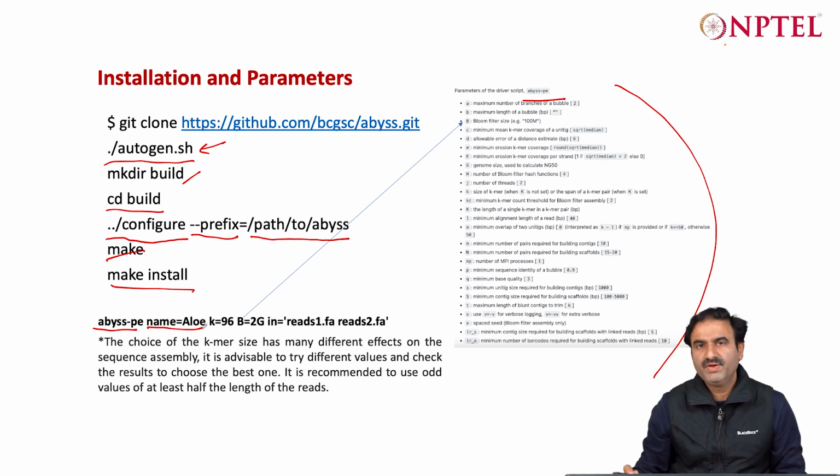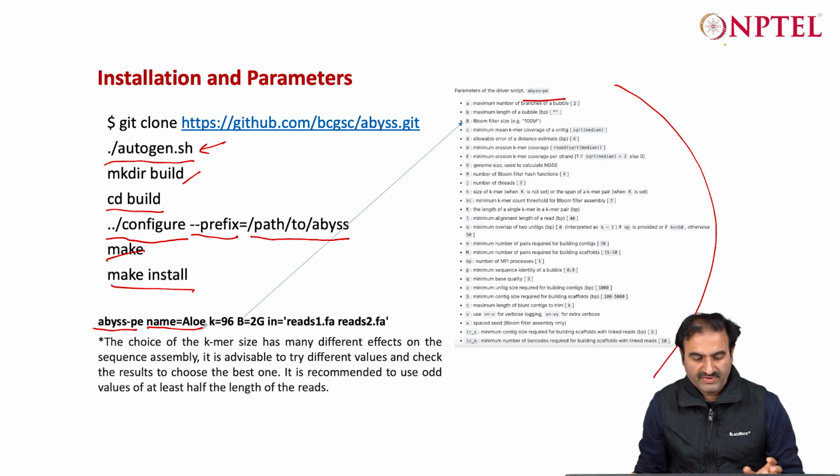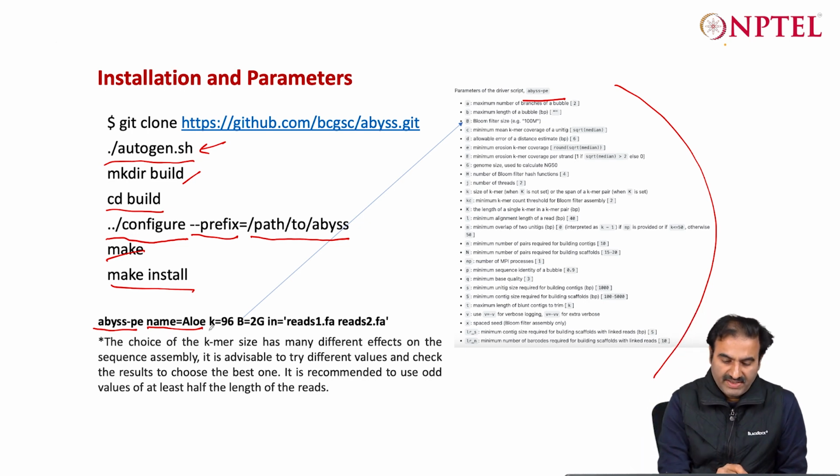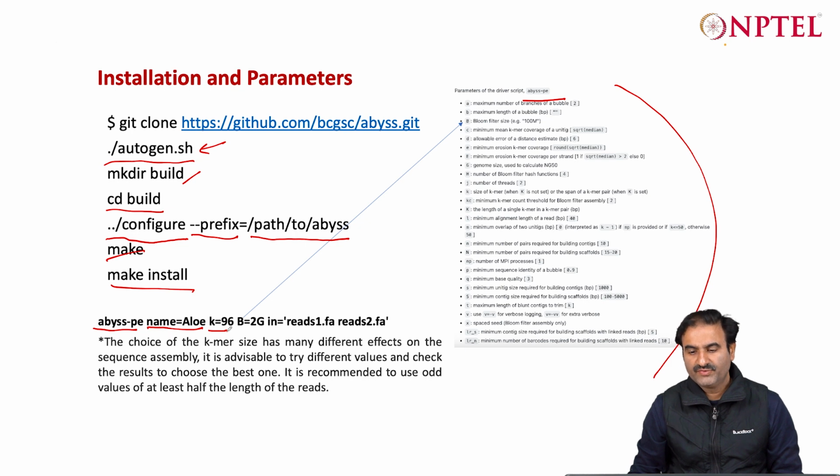Then you define any name for the assembly, and it will call your assembly by that name. Then the K-mer size: it could be predetermined, or you can start with one and change by 10, like 91 or 96, 86.